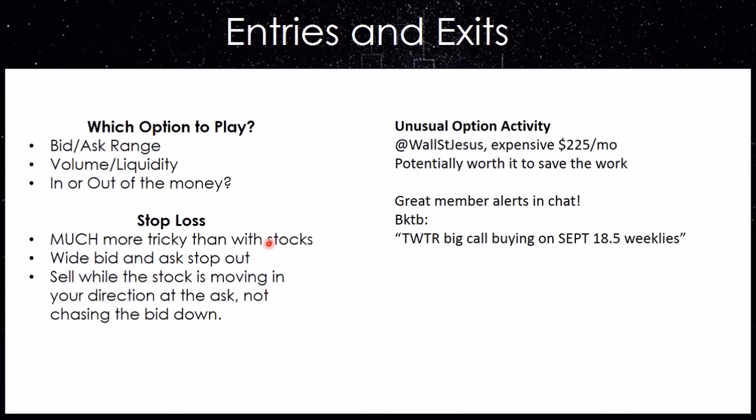So if you had inside information, you better be sharing with the group. Just kidding. But if someone's going to have inside information, they're going to be playing options to capitalize on it in a big way. So that is why these unusual option activity alerts are really good information to have.